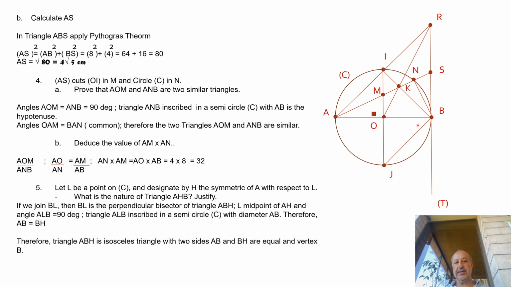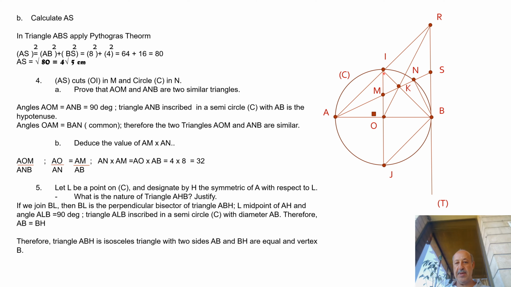How will we prove this? If we take angle AOM and ANB, they are equal to 90 degrees. Why? Angle AOM, like we said, is the intersection of two perpendicular diameters. Angle ANB is 90 degrees because triangle ANB is inscribed in a semicircle of diameter AB. Okay, this is one angle.